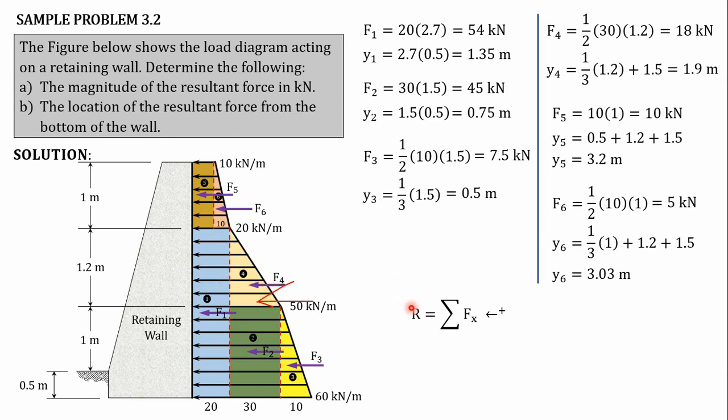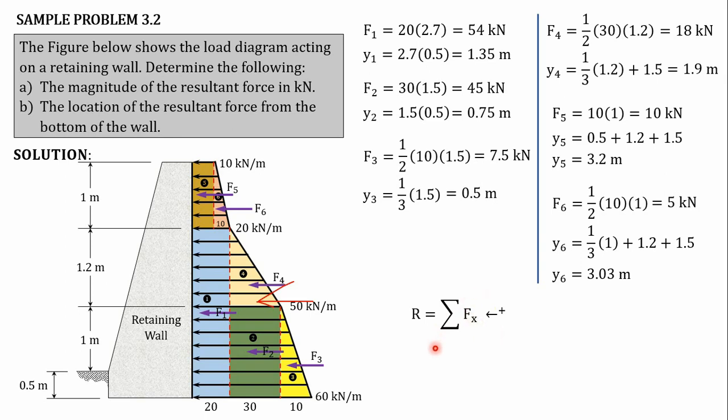So mas okay class na yung assumption natin is going to the left is positive, para yung R natin hindi mag-negative sign. So resultant force is equal to the summation of Fx.